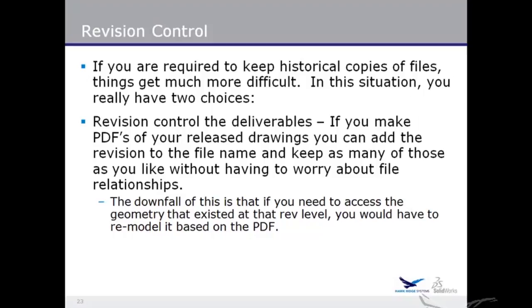So if you've got a bunch of drawings of your assemblies and you release them and you create PDFs of all those drawings, you can rev control those PDFs simply by putting the revision in the file name. And because PDFs don't have relationships to each other, if you're doing that, you don't have to worry about messing up any file relationships in the process.